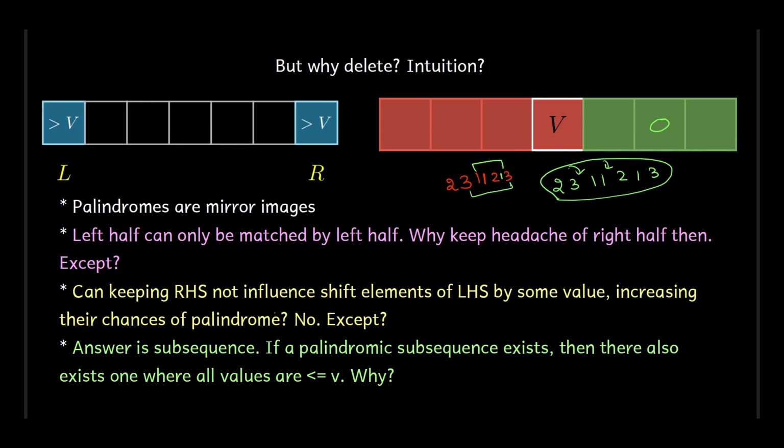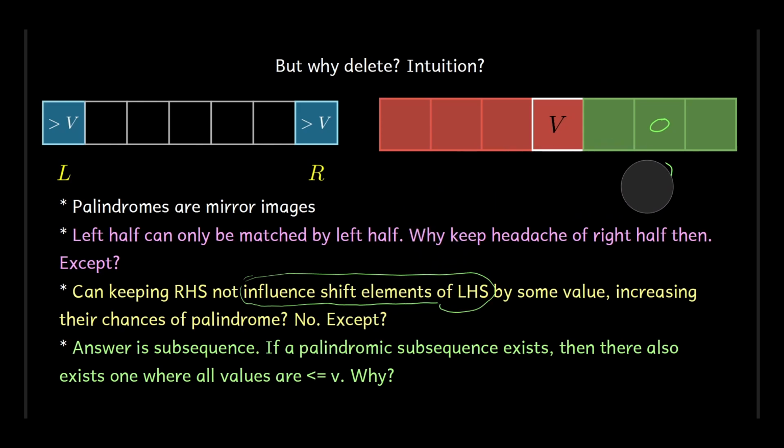So even though this idea looks correct, that maybe keeping the elements of the right half might be a good decision, if you think more about it, it actually doesn't influence any relative ordering that you are thinking of.